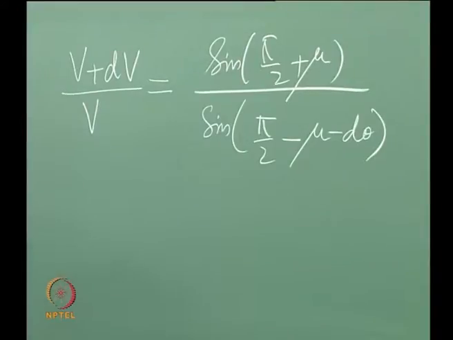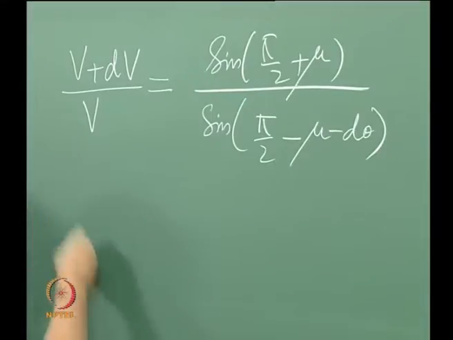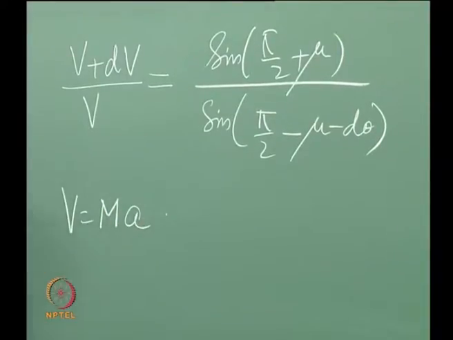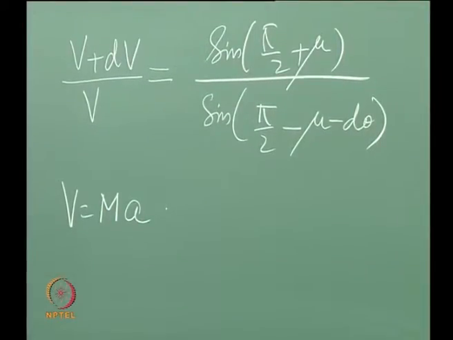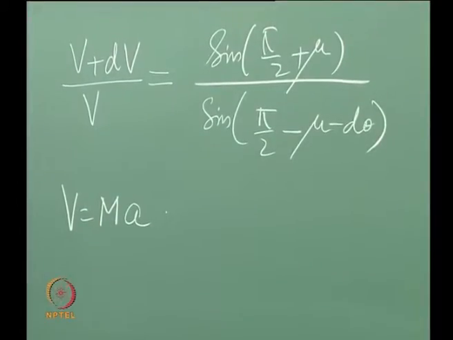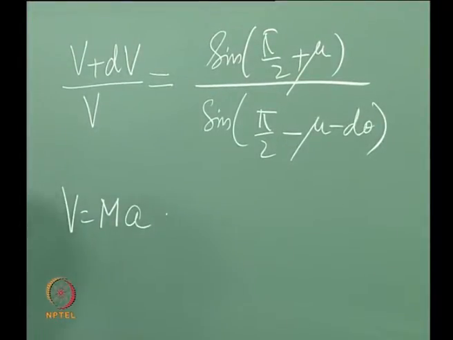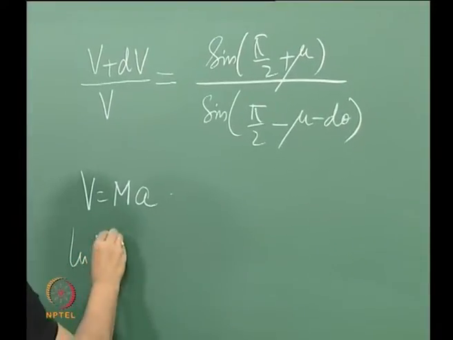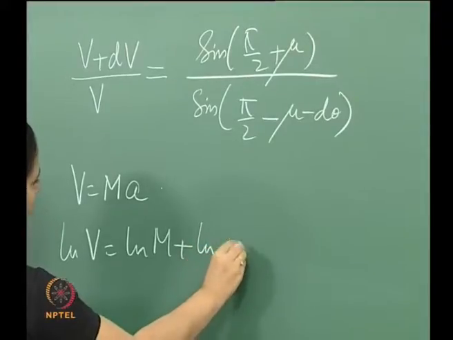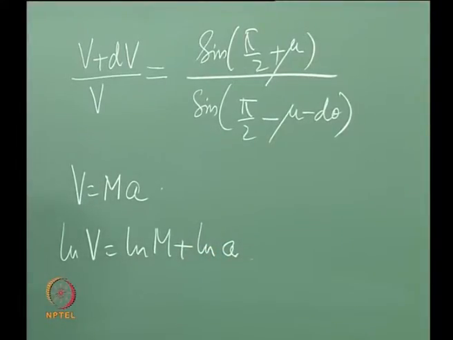So, basically this is what we get. Now we also know that velocity v is Mach number into speed of sound, v equals M a.